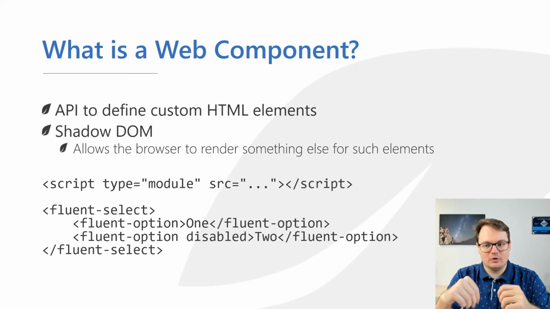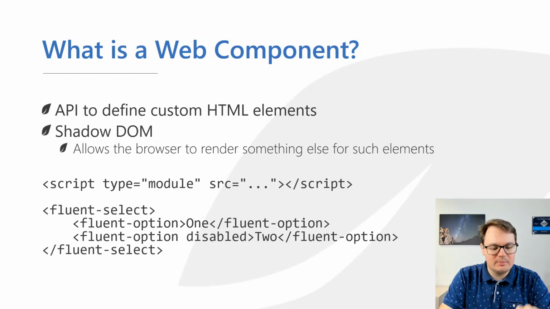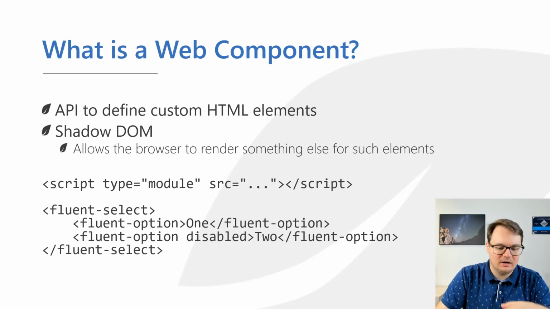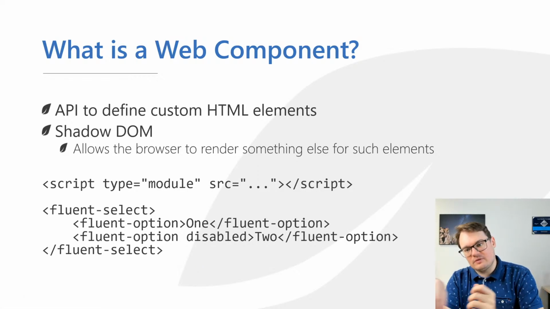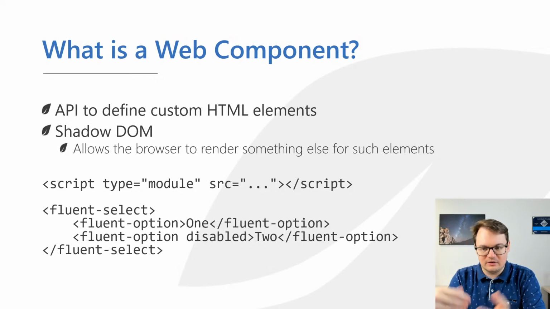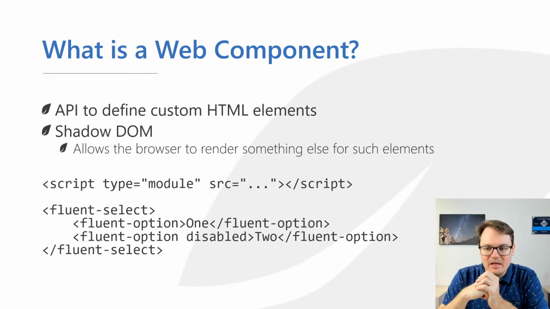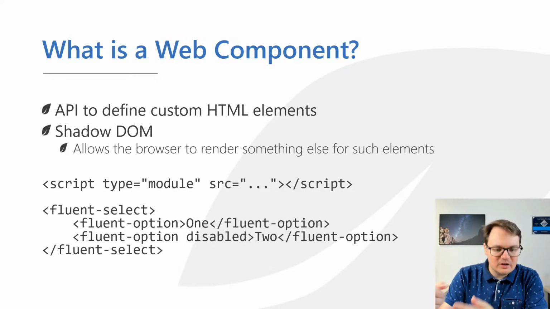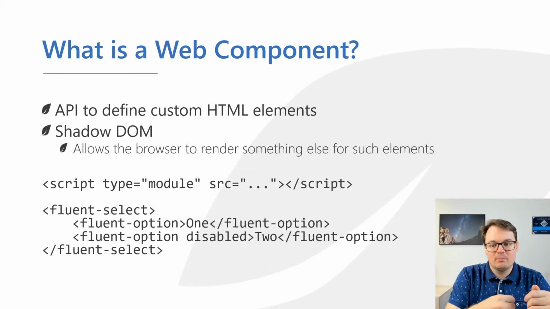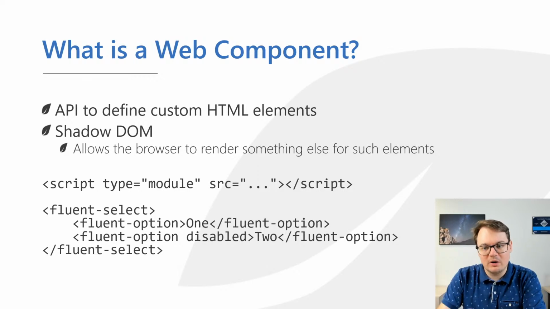In the HTML page there will be the Fluent select element, like in this example, but what is being rendered will be some divs with some CSS classes and other hierarchy inside, and that's called shadow DOM because it's not in the real DOM of the page, but it is what the browser will be rendering.